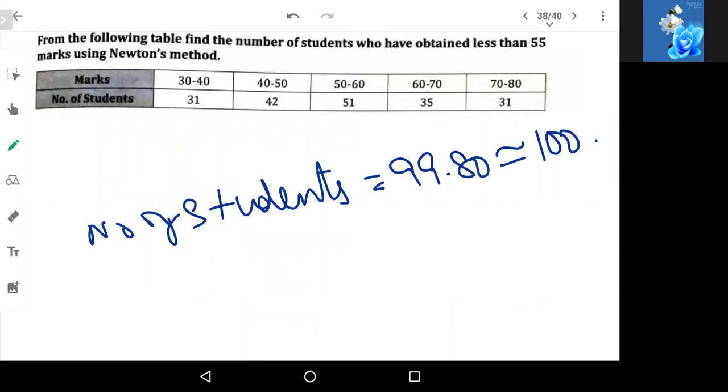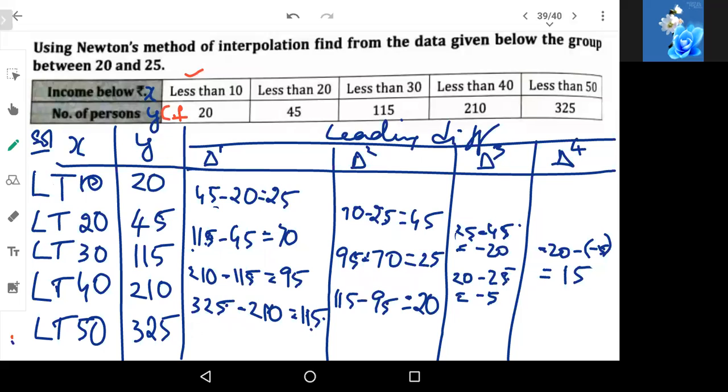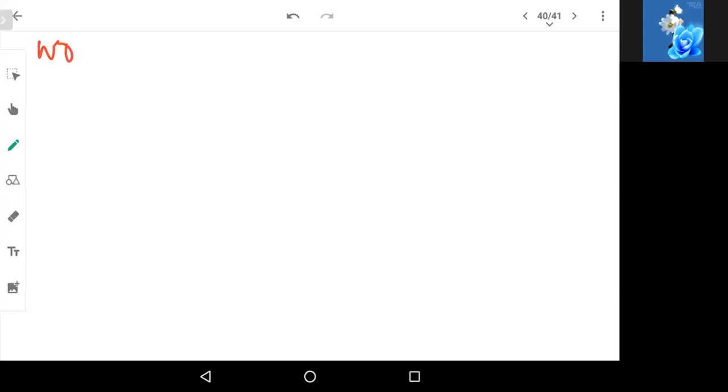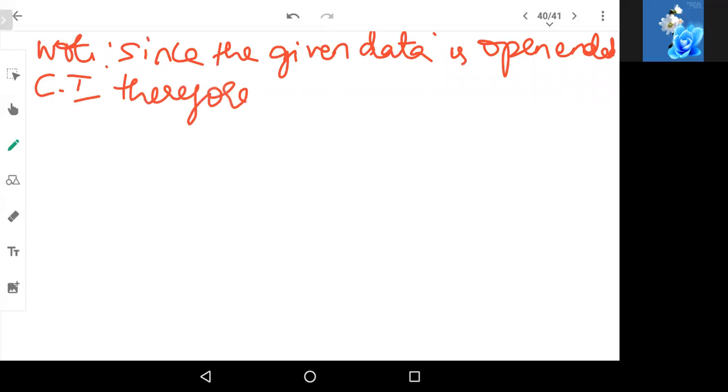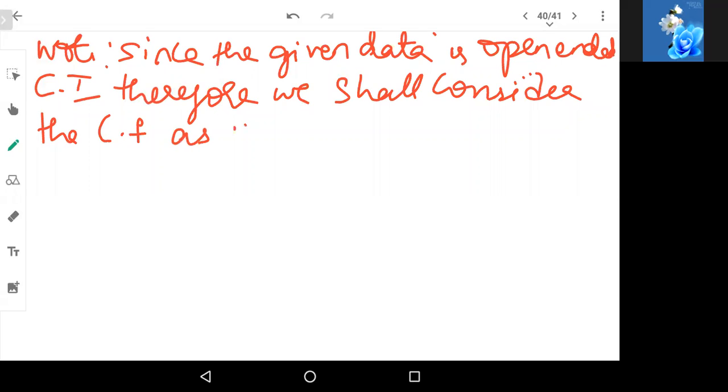And when it comes to this problem, you can write a note here saying: since the given data is an open-ended class interval, therefore we shall consider the cumulative frequencies as they are. Did you all understand until here? Any doubts?